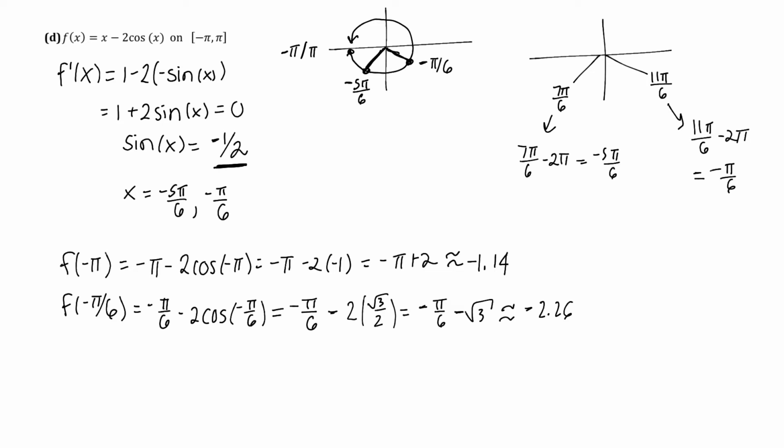That's going to give you negative 2.26, approximately. Negative 5 pi over 6 is going to give you negative 5 pi over 6 minus 2 times, this is going to be negative root 3 over 2.